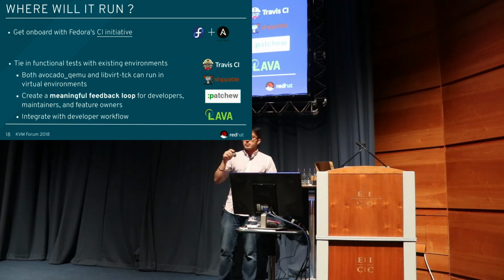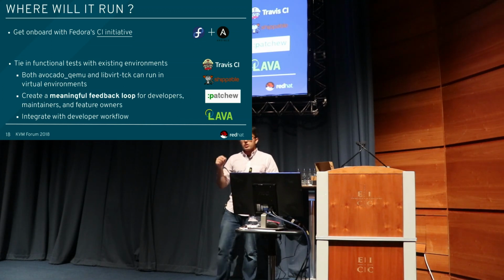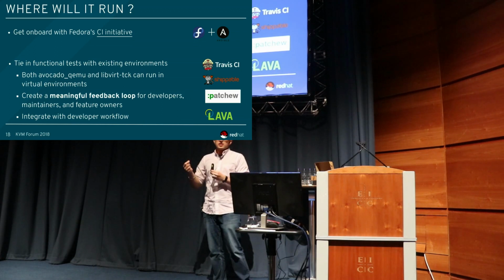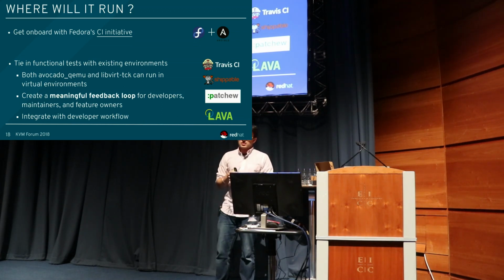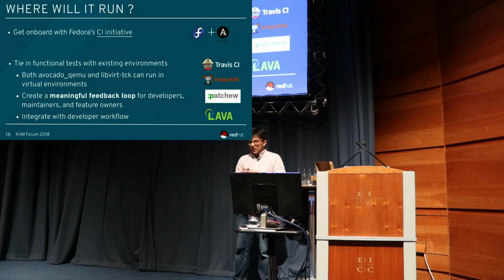So whenever there is a build, the tests from the test.yaml file defined in the tests directory of the dist-git tree will be run against at least an x86 system, and they are planning to add multi-architecture support.